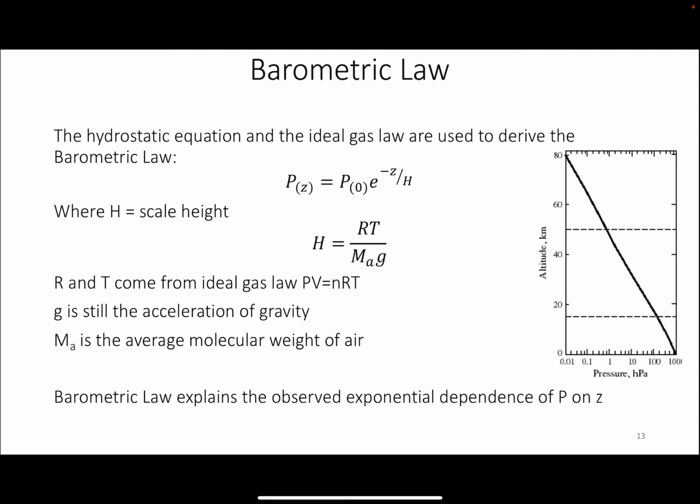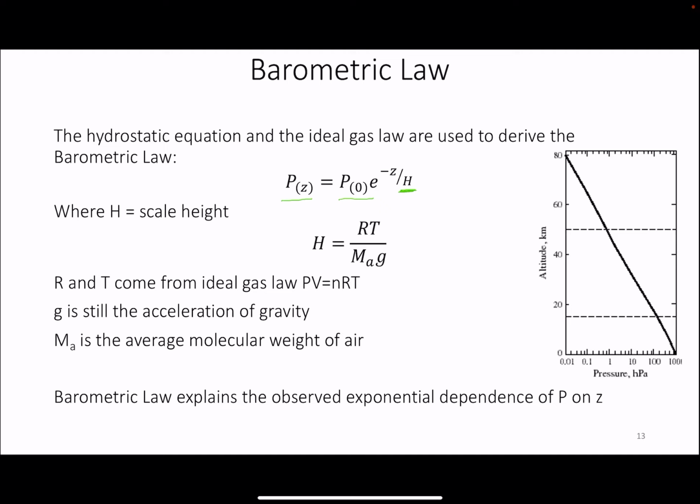So what this is saying, and I've simplified a couple of steps here because this class isn't about deriving equations in math, is that the pressure at altitude z is equal to the pressure at the surface times e to the minus z, your altitude, over this value H. And this value H becomes very interesting. This value H is known as the scale height. And this is described in a lot of physical applications. In this case, we're going to use it to describe a feature of the atmosphere.